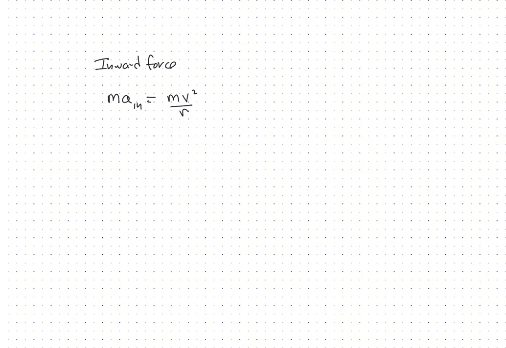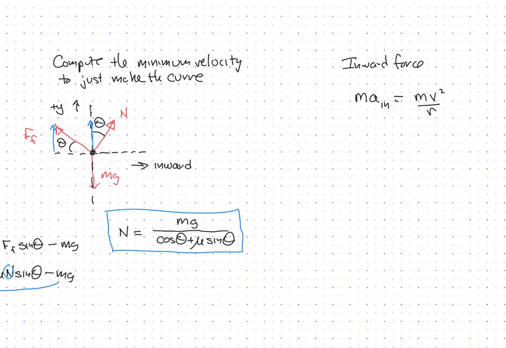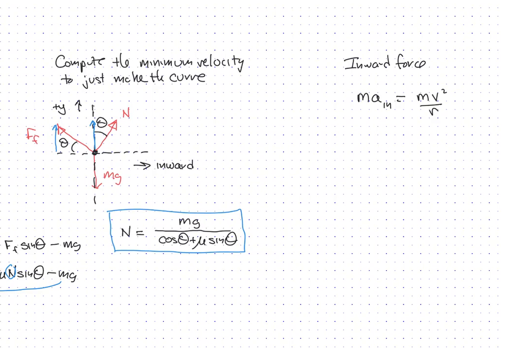We know the radius of curvature of the curve. And we know that for circular motion, the net inward acceleration is v squared over r. Well, if we go back here and we look, we can see that there are two components, right? There's a component here, and there's a component here. Notice that the normal force component is inward and the frictional force is outward.